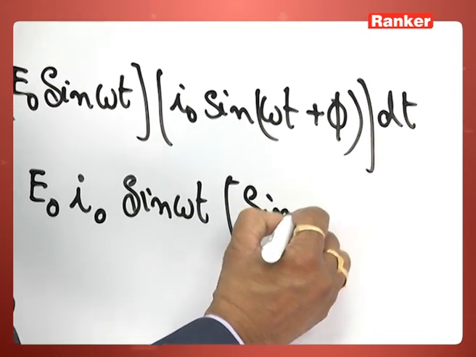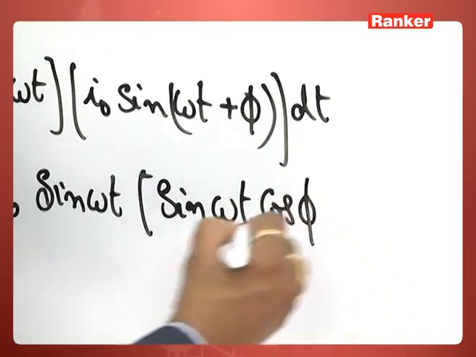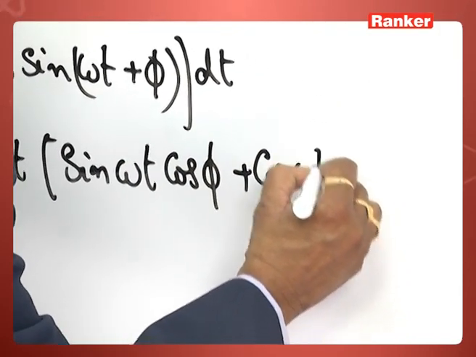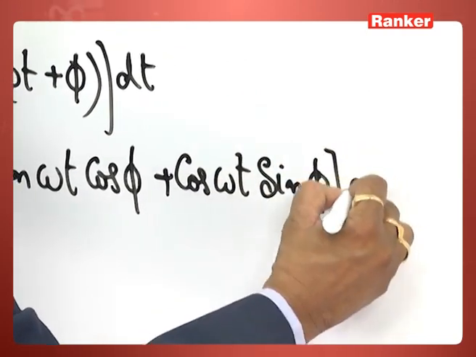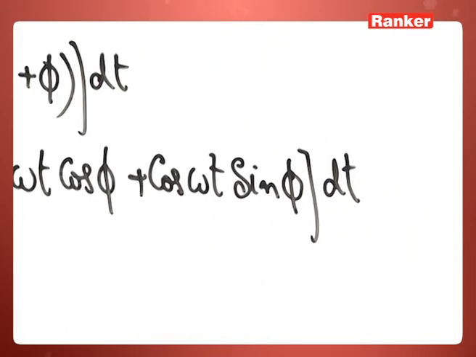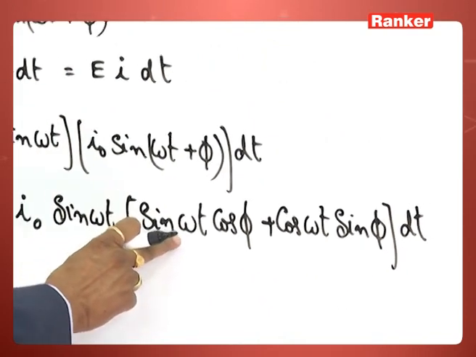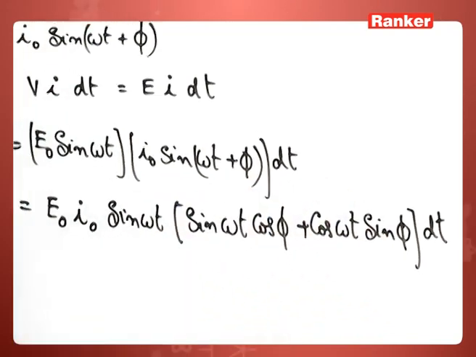That can be written as sin omega t cos phi plus cos omega t sin phi, and dt will be as it is. So I have expanded this into the sin A cos B plus cos A sin B form.